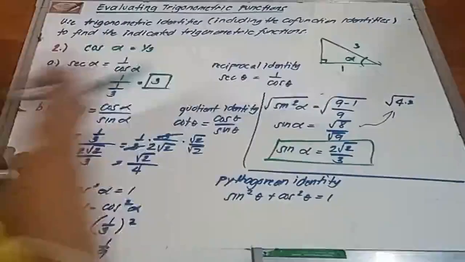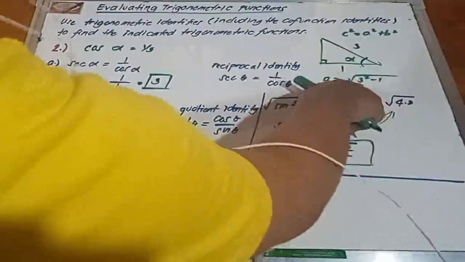So pag nag-Pythagorean theorem tayo para ma-solve to, let's say that is B, the other side is equal to square root of 3 squared minus 1, gamit yung ating Pythagorean theorem na C squared equals A squared plus B squared. So, this is 9 minus 1, that is 8. Square root of 8 or that is 2 square root of 2.